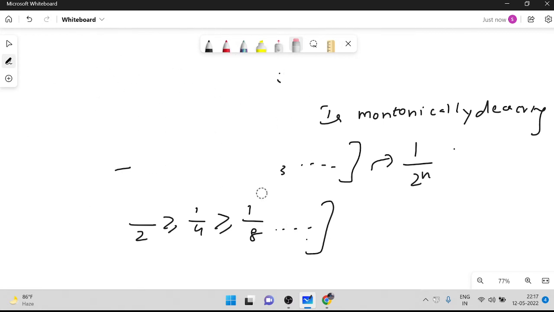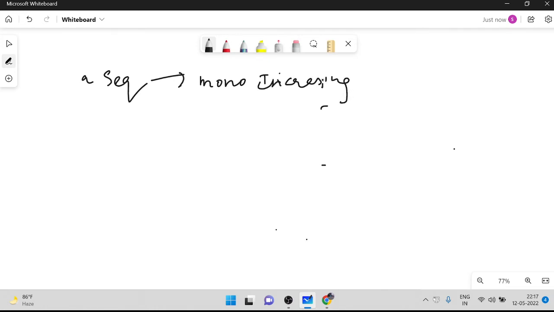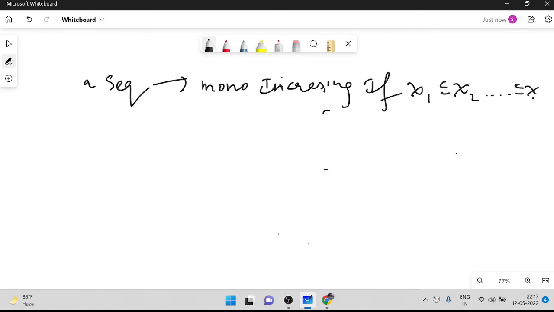Similarly, we have something called a monotonically increasing sequence. A sequence is said to be monotonically increasing if x1 is less than or equal to x2, and so on.